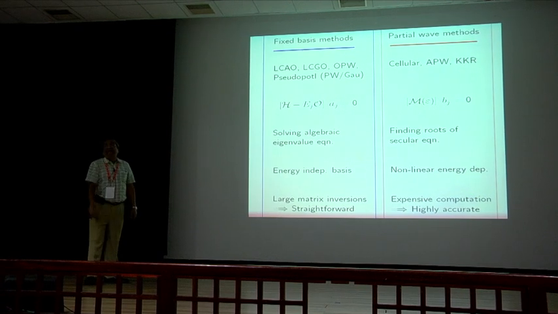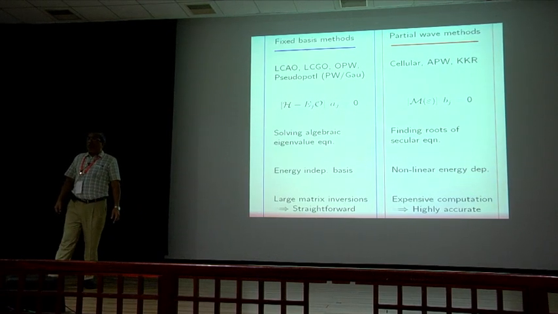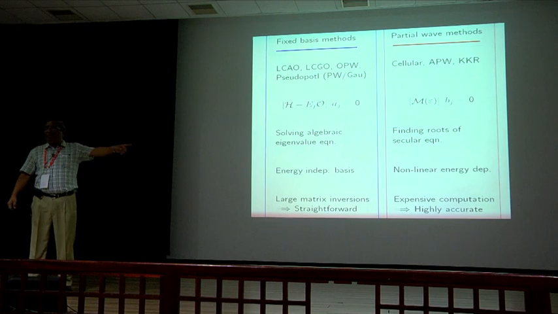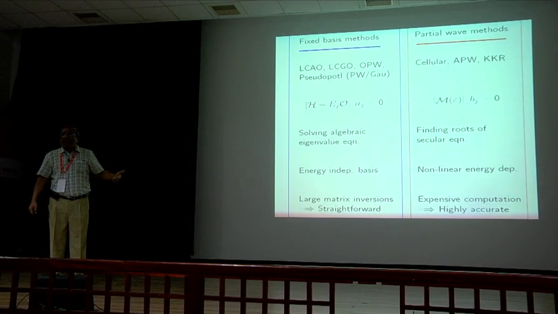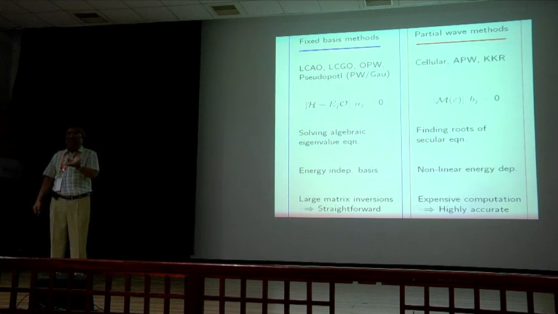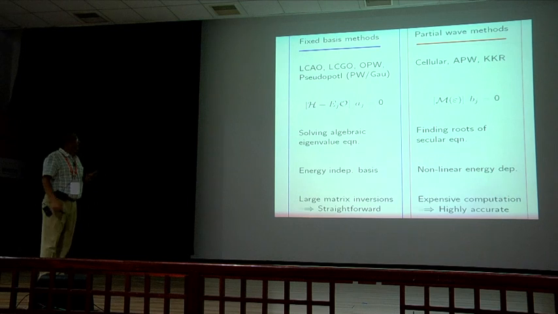Nevertheless, it is highly accurate. I think the chairman yesterday showed a schematic of how, if you want to increase the accuracy, the cost of the calculation increases. So it's highly accurate, but it's expensive.